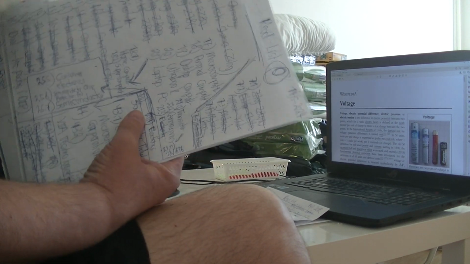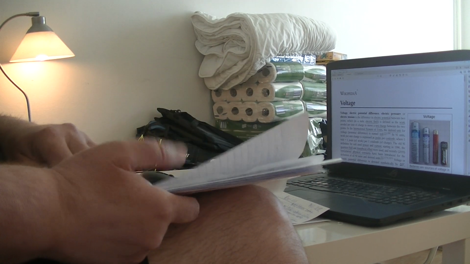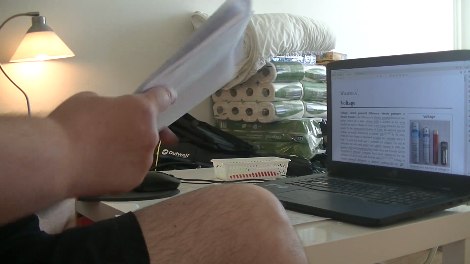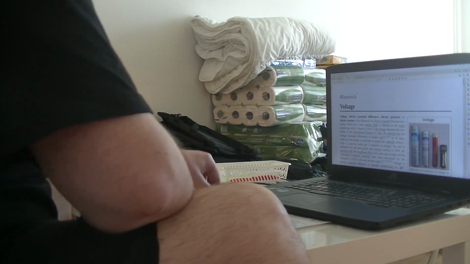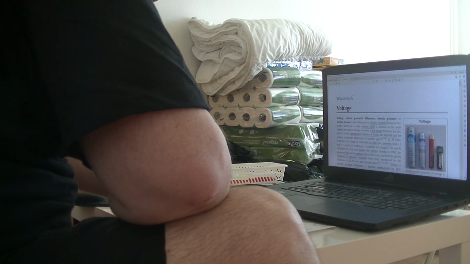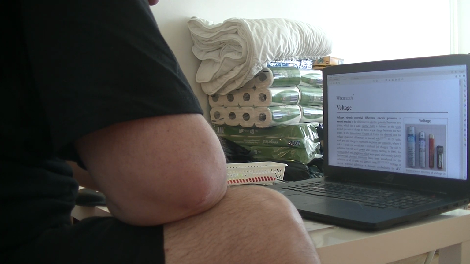Yes, but now I have so many papers. Yes, let's put the electricity. 1.22.